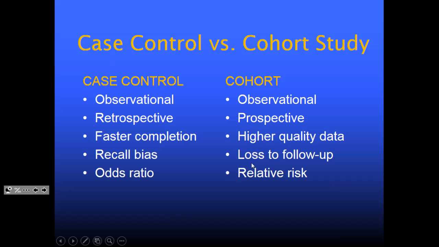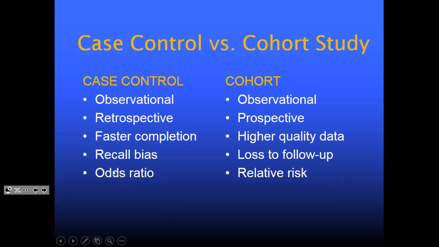With cohort, loss to follow-up is a problem. Recall bias is a problem for case control. And for the statistics, when you see relative risk, it's a cohort study. If you do a cohort study, you compare relative risk. The relative risk of dying from a heart attack from smoking is 95 whatever, relative to people who didn't smoke, versus the odds.